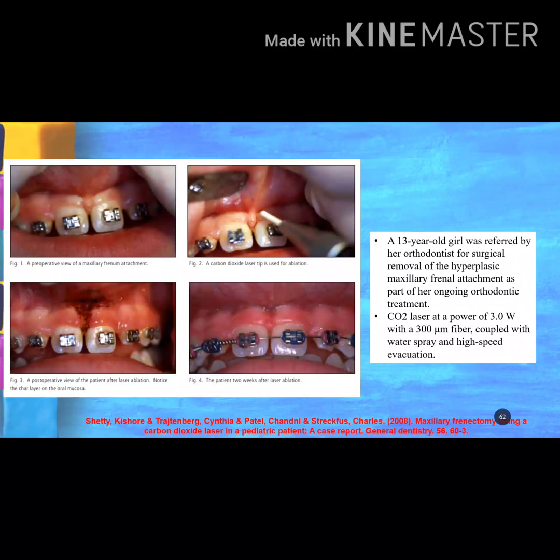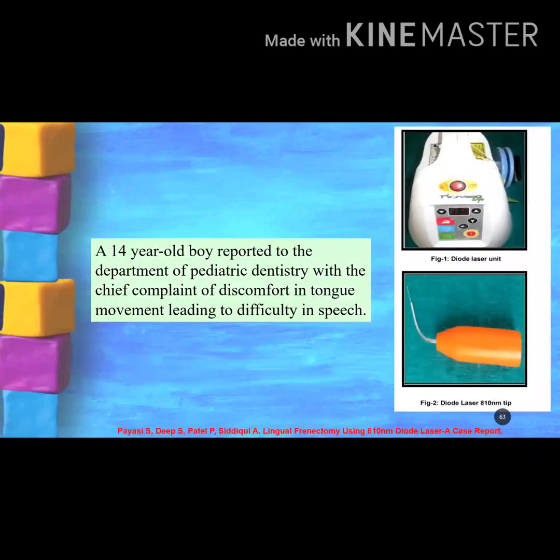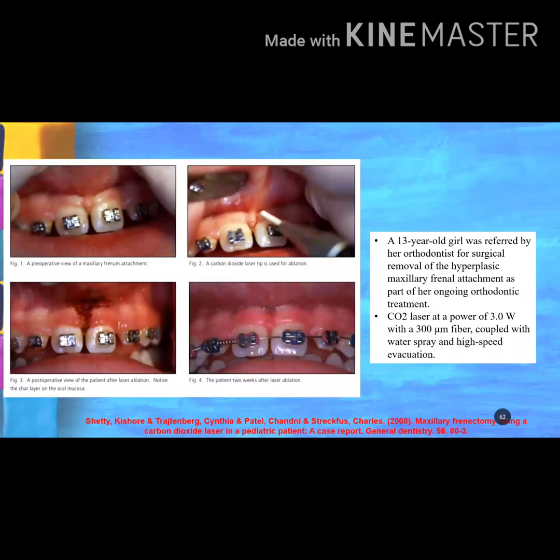Then the removal of the frenum is done, and the gingival tissue is scalloped and beveled for proper gingival adaptation. And this is a post-operative photograph, and this is an after 2 week photograph.